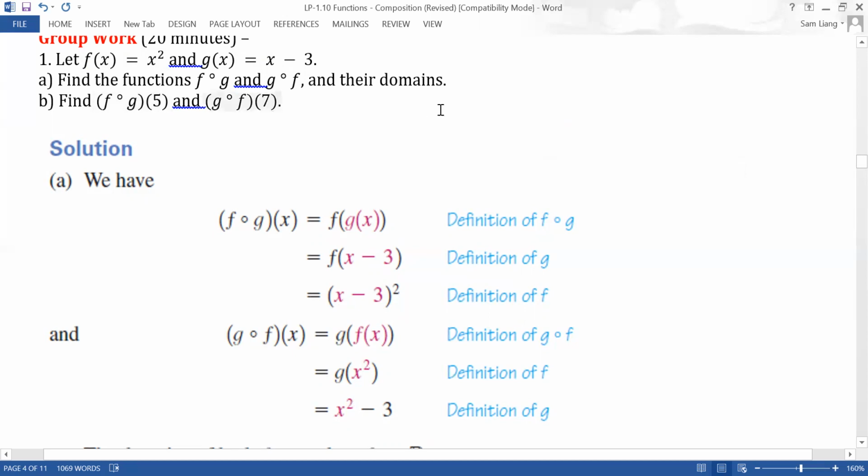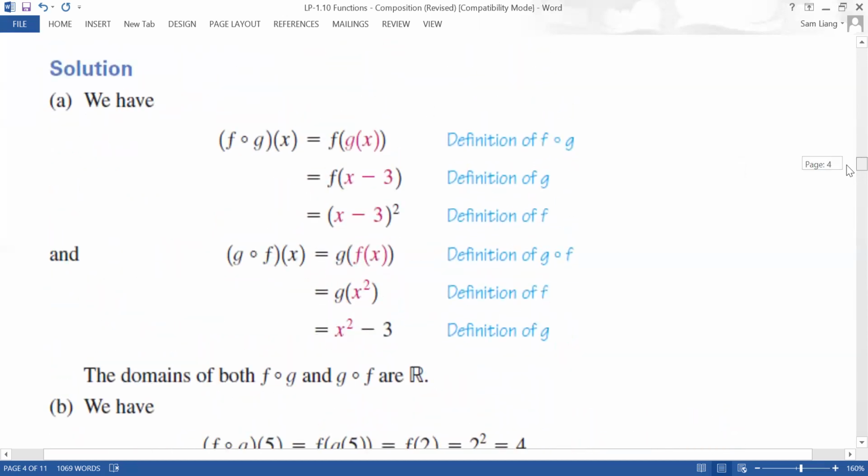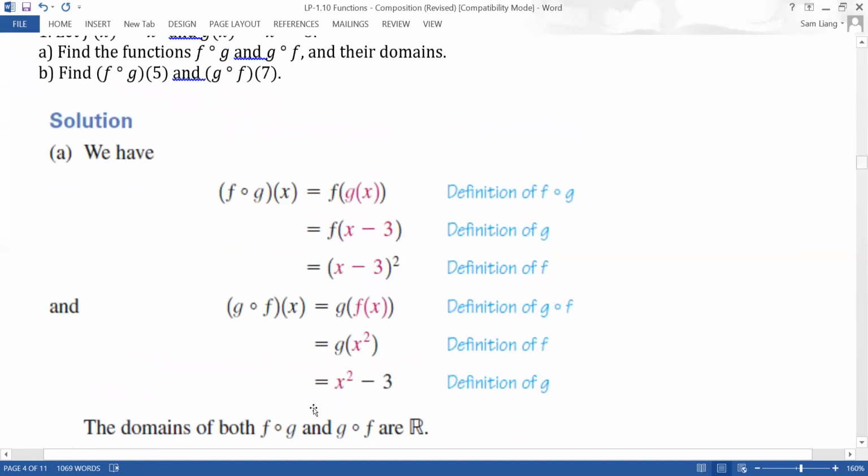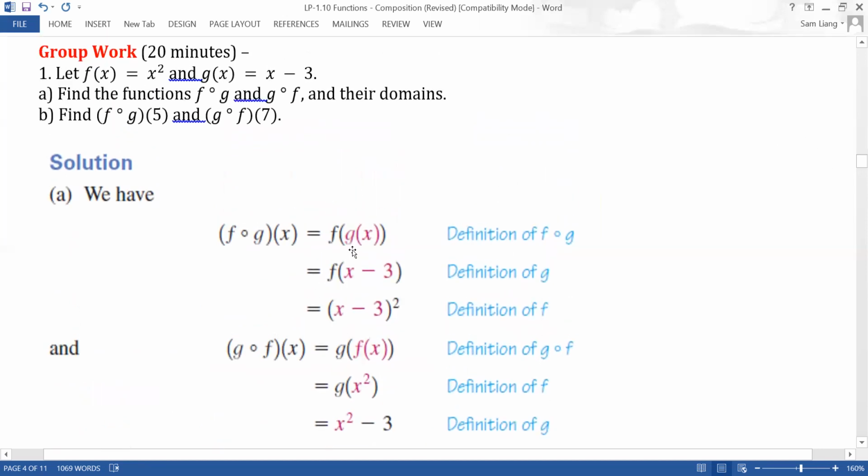Okay. Part B, we just have to evaluate at specific numbers. Oh, sorry, I forgot the domain. So the domains of both f composed with g and g composed with f are R, because there's no restriction here, right? Because g of x is a line, so you can plug in anything. And then the same thing for the composed function, x minus 3 squared.